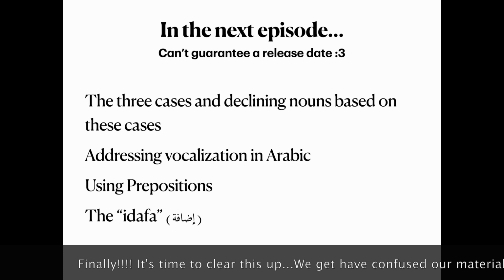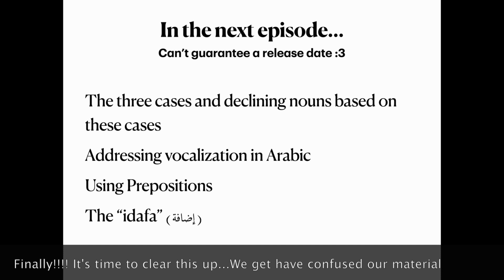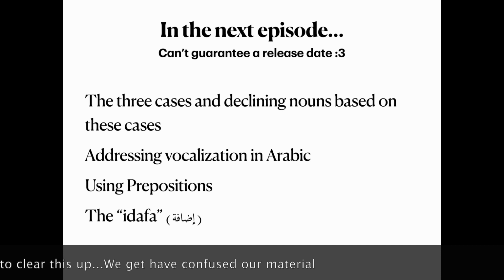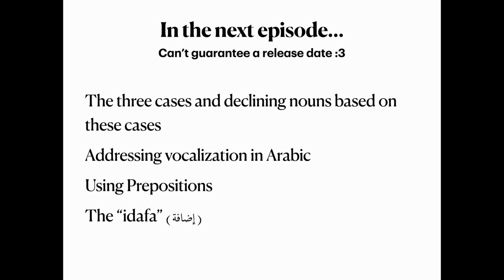So we're gonna clear the air about this vocalization issue, because last time when we talked about how definite nouns work, I specifically said there is no nunation in definite nouns, but there is nunation when it comes to indefinite nouns. No nunation in the definite nouns. I'm sorry.